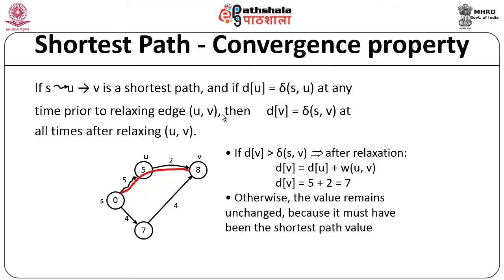In this case dV will become 5 plus 2. Initially the value at node v was 8, that is dV is 8. After adding u, you will get 5 plus 2, which is 7. Otherwise the value remains unchanged because it must already have been the shortest path value, because dV is greater than delta(s,v) after relaxation.